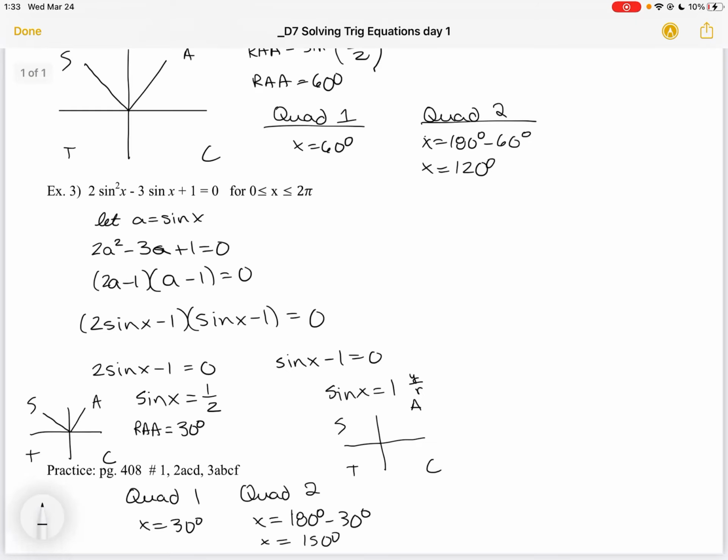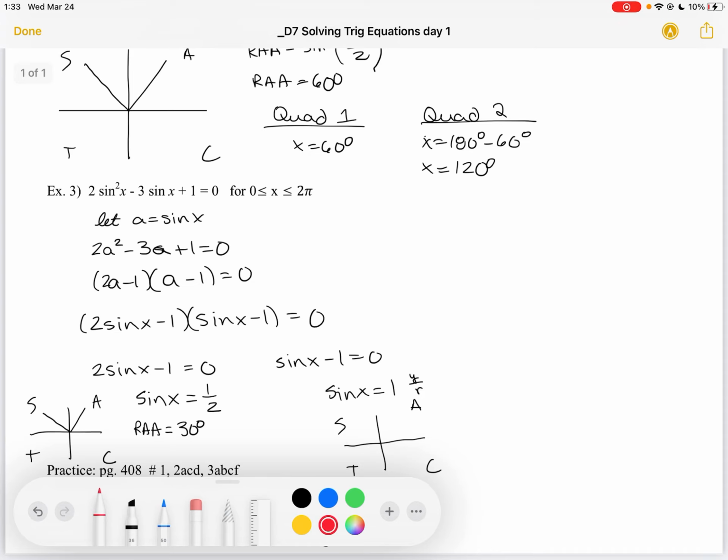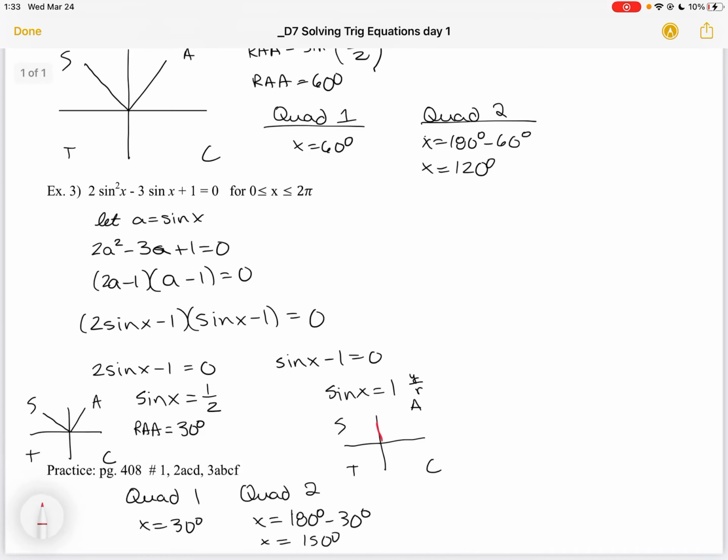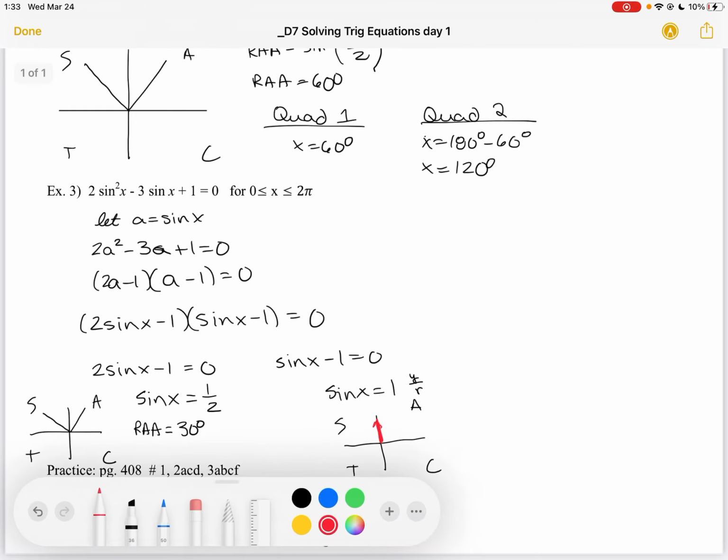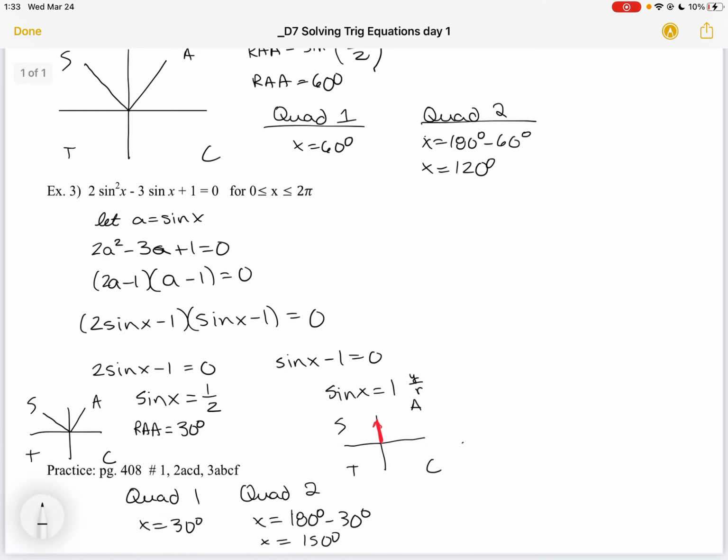And that is if my terminal arm lies right on this boundary between Q1 and Q2. My y value is at a maximum because it continues increasing all the way to that point, and then it decreases on the other side. If it was down below on the 270 line, then I would get a negative value. So that means my solution here is x is equal to 90.